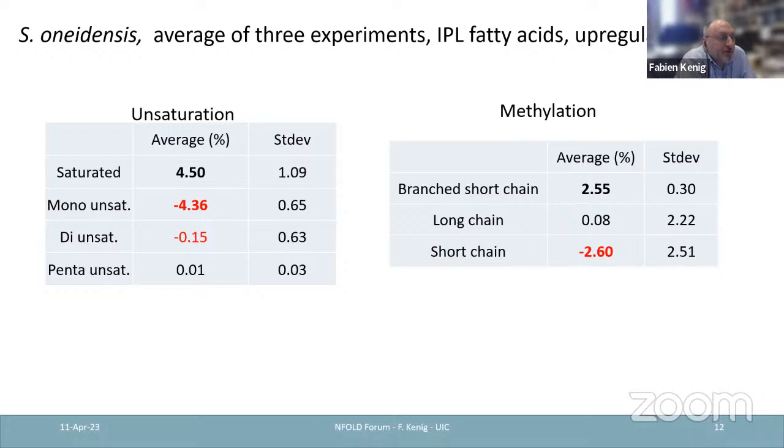So transformation at the level of the lipid substituents is clear under pressure, in contrast to what we saw for the intact lipid polar heads, which were not changing for Shewanella.